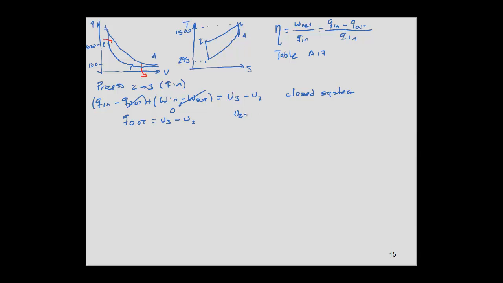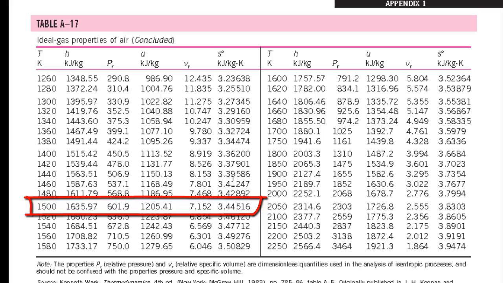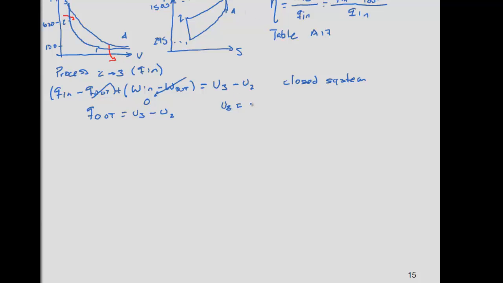U3, we go to our table at 15. We can see that U3 is 1205.41, and PR3 is 601.9.